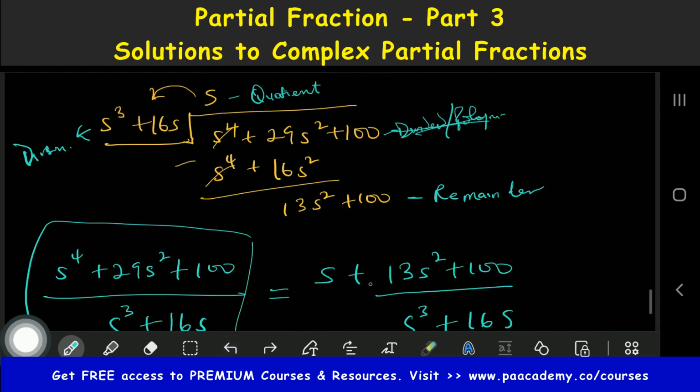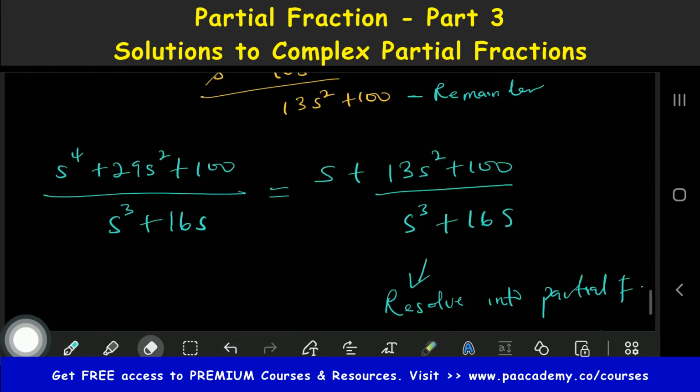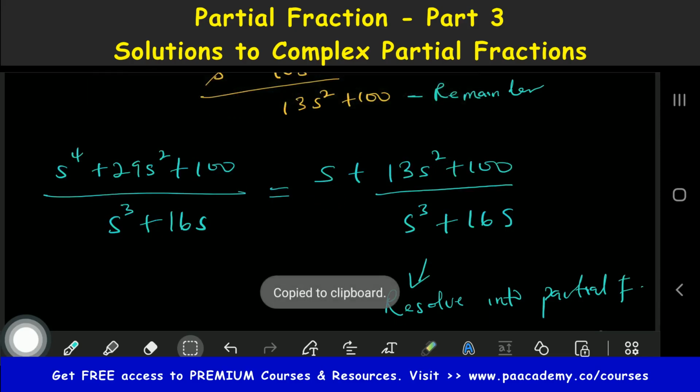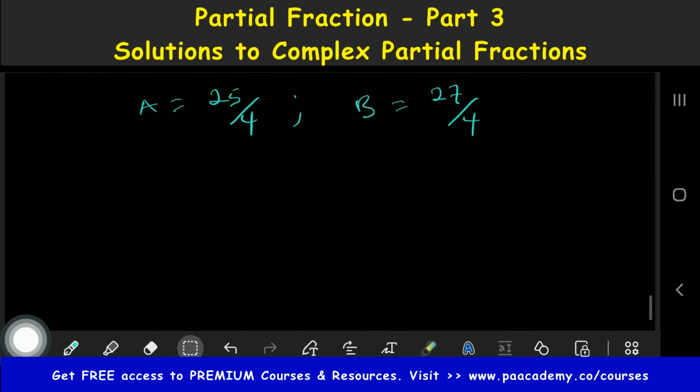Let's copy this. Copy, and let's paste it down there. Paste.